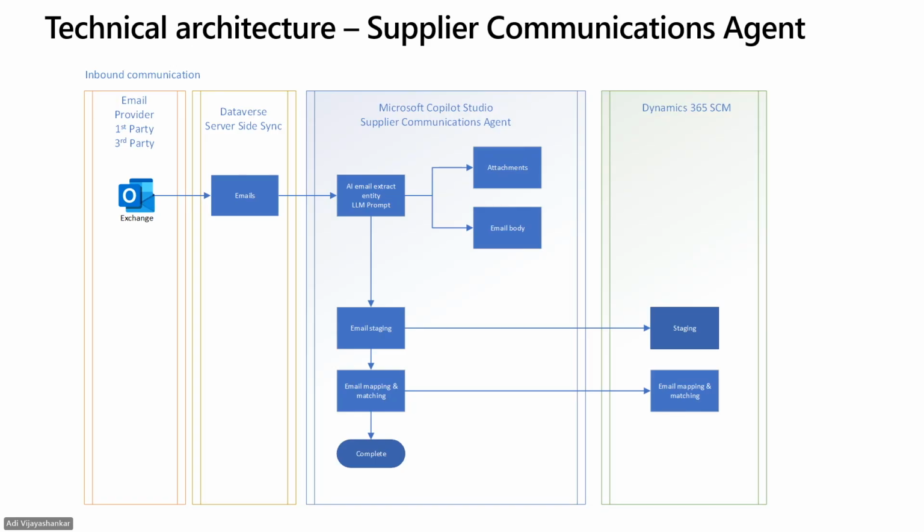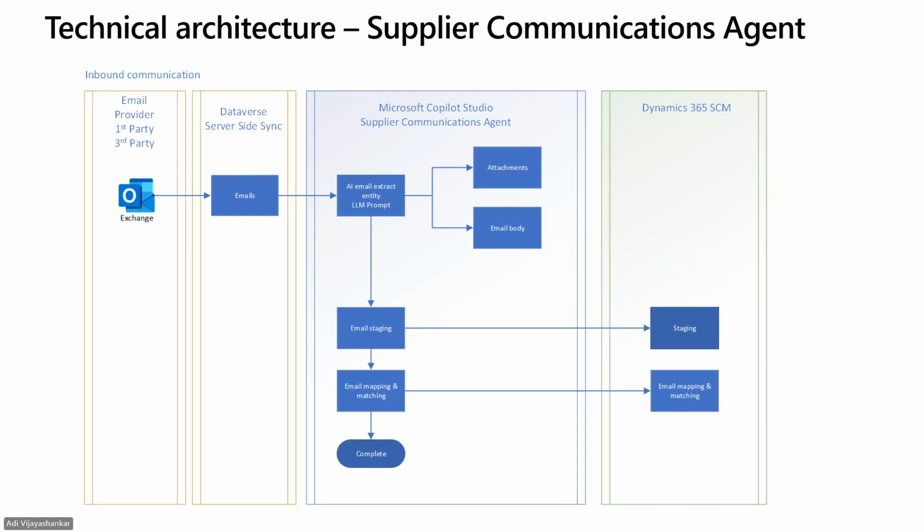So the first challenge to solve for us here is to get a hold of the emails. For this, we leverage the Dataverse server-side sync functionality. This is something that's been available in the market for several years at this point. This allows you to synchronize emails from Microsoft or a third-party email provider into Dataverse. The configuration of this will be described later.